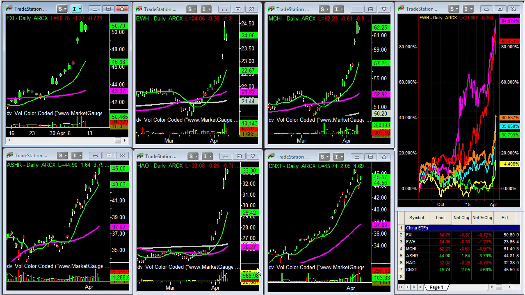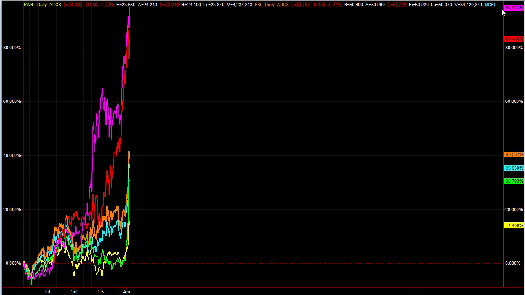These are all ETFs, and I've done a little research on other ETFs that trade in China. They're right down here in the lower left-hand corner: FXI, EWH, MCHI, ASHR, HAO, and CNXT.